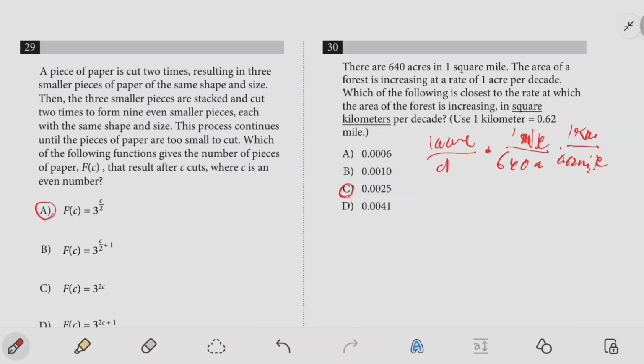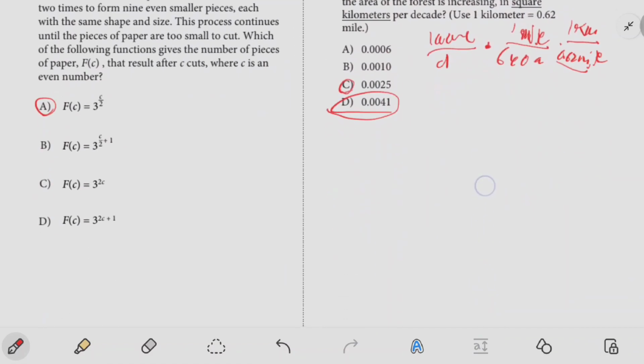Now 1 acre, 640 acres per mile, divided by 640. 0.62. But I don't think we divided by 0.62. I think we divided by that squared. And we get our answer of this. God dang it. Because it's squared. Square kilometers, not just kilometers.